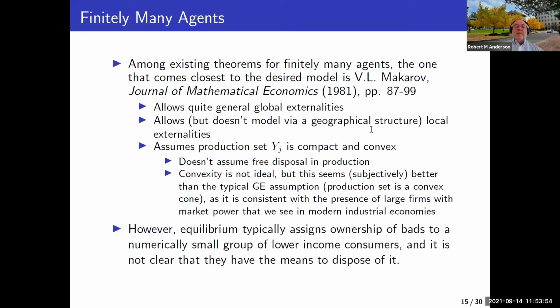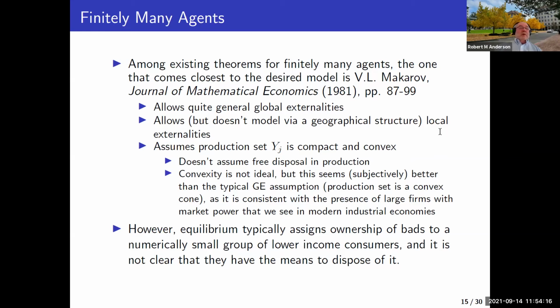So with finitely many agents, there is a theorem that comes close to doing this. So this is a paper from 40 years ago by Russian mathematician Makarov in the Journal of Mathematical Economics, and it allows quite general global externalities.